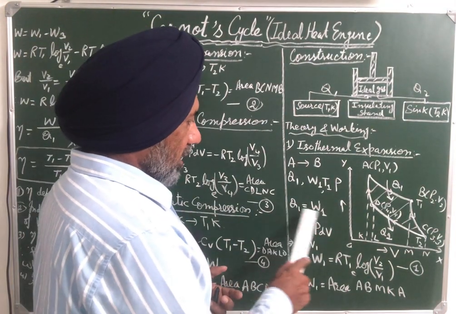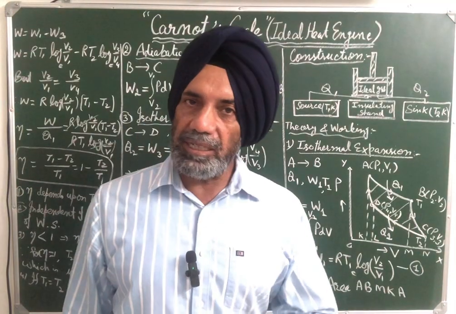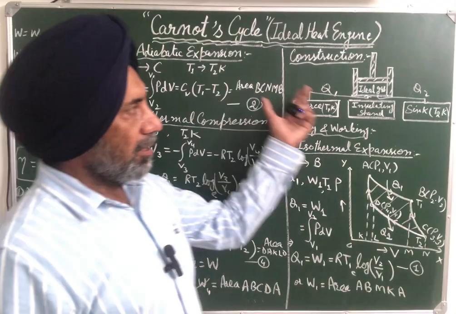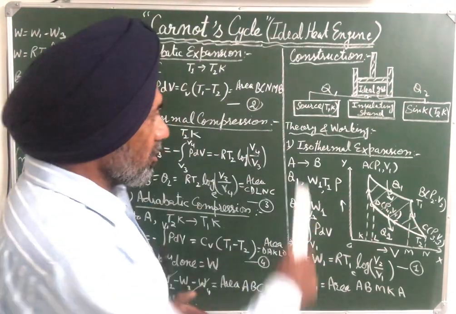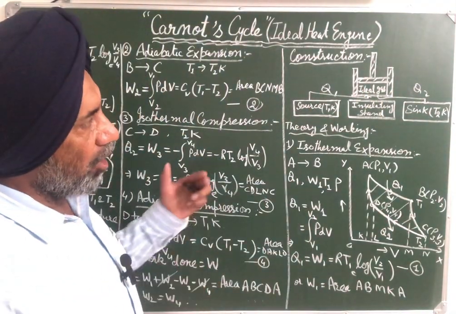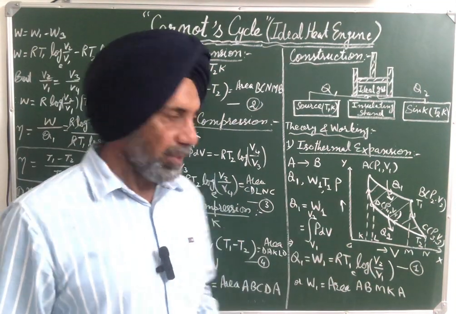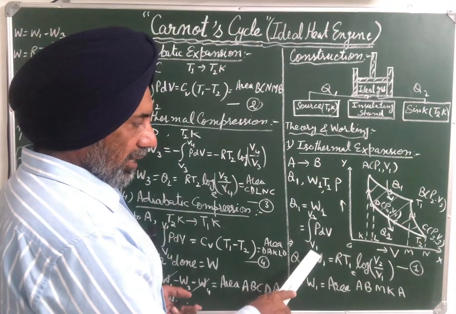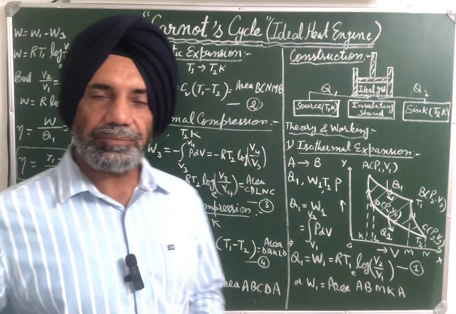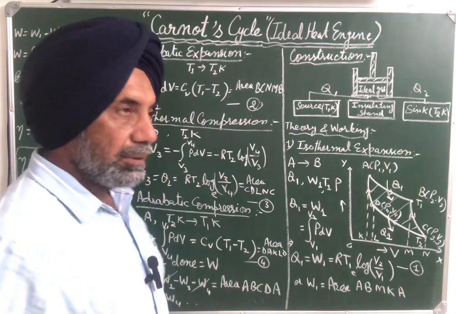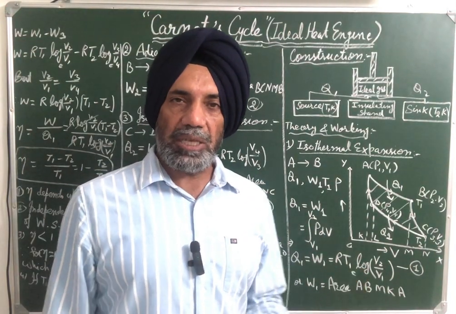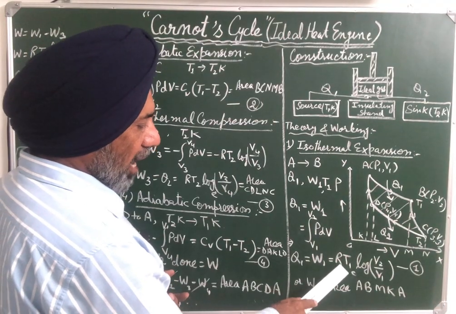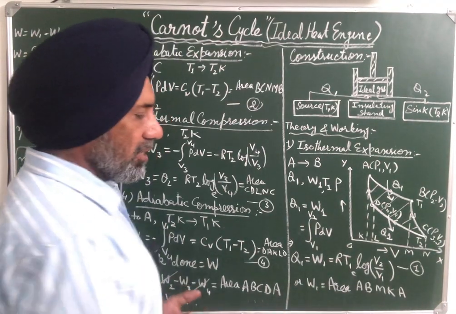So in this case, there is no change in temperature, there is no change in internal energy. Therefore, the amount of heat supplied to the gas from the source is equal to the amount of work done by the gas during this expansion. So Q1 is equal to W1, and is given by integral PdV, limits V1 to V2, and this we have proved. Work done during isothermal expansion, we can use the direct relation: Q1 = W1 = RT1 log V2 upon V1, to the base e, natural log.